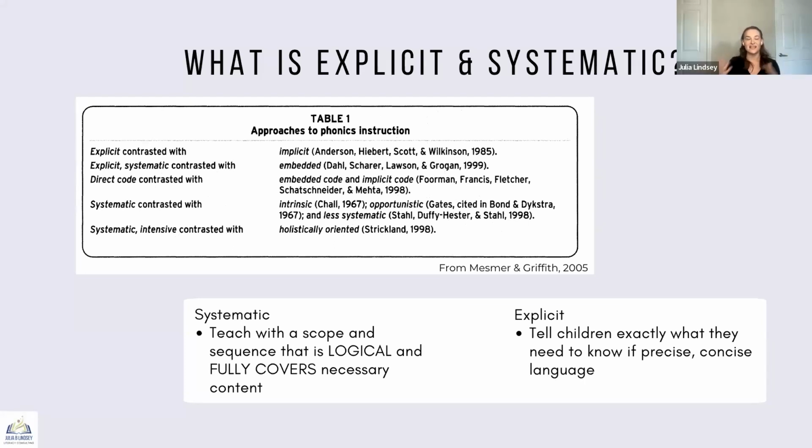The second part of explicit and systematic is systematic, of course, which means that we're teaching with a scope and sequence that is logical and fully covers necessary content. The opposite of systematic would be if we were teaching things kind of when they made sense or when an opportunity presented itself.